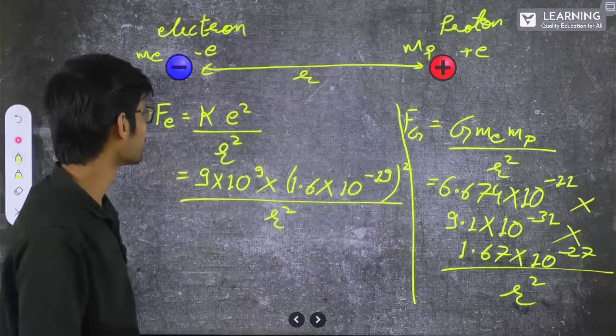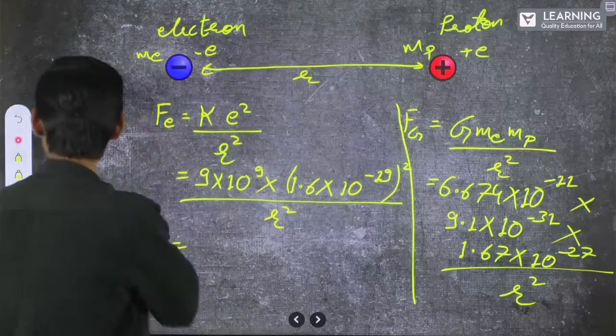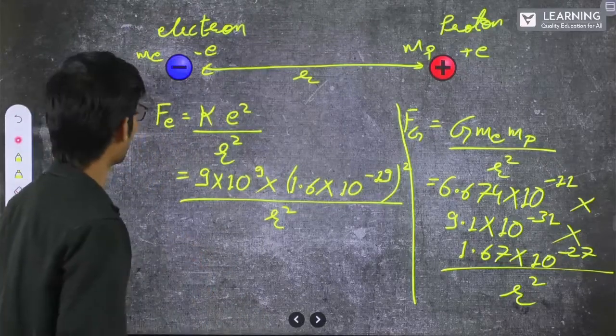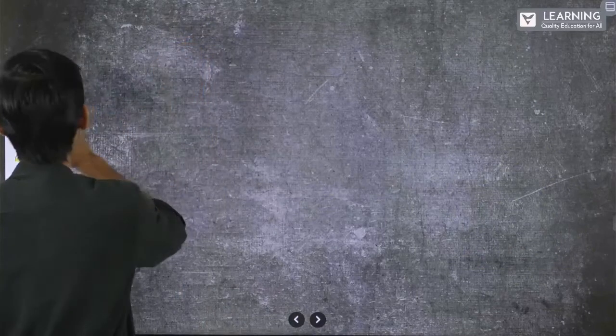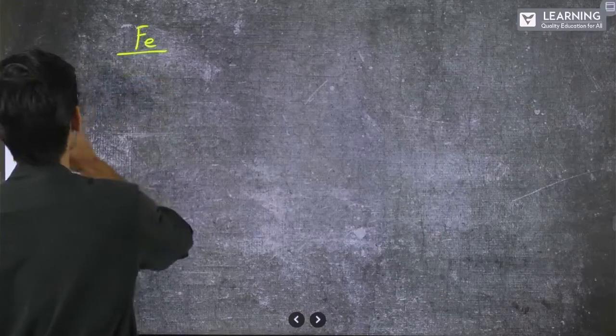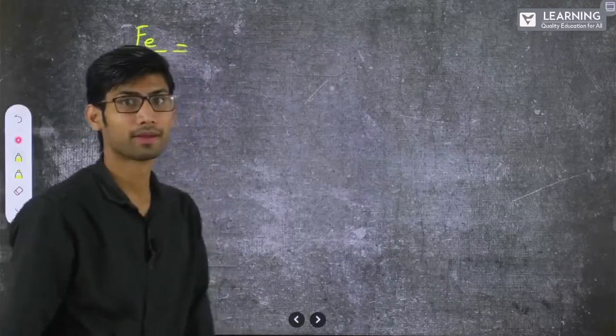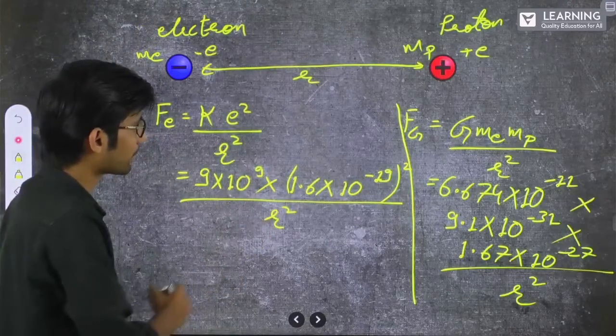Got it? Now, if I solve this, let's take the ratios. If I take the ratio Fe by Fg, what will I get? 9 into 10 power 9.